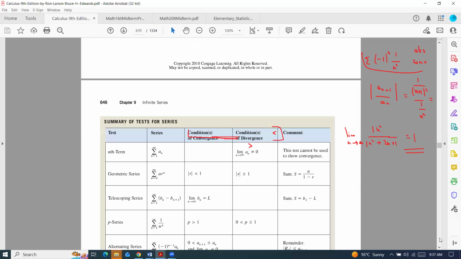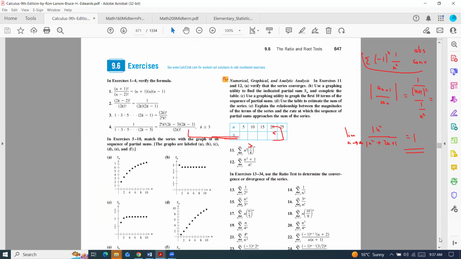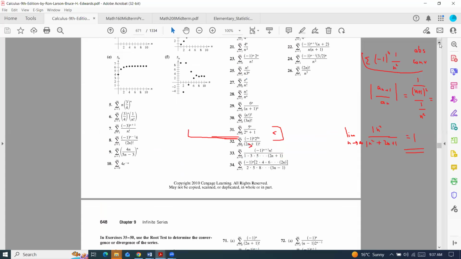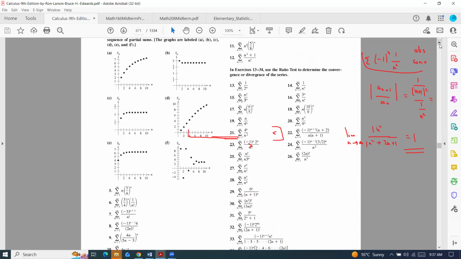I was kind of avoiding using the exercises with factorials because they are awesomely done by this particular ratio test. So if I try one, let's say here, for example, 15, we would not be able to do it before unless we used the series comparison test, which is never much fun.